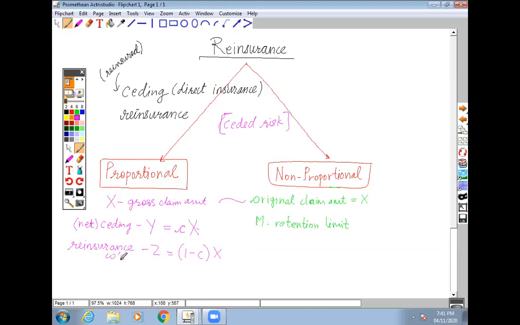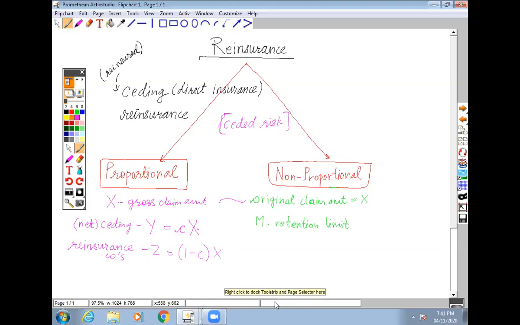So in proportional, there is no M limit, like after a certain limit only the reinsurance company will pay a part or something. Exactly. So let us say you incur a loss of 10,000 and 0.75 is the C value, then the ceding company will pay only how much? 7,500, right? And the reinsurance company will be paying 2,500.